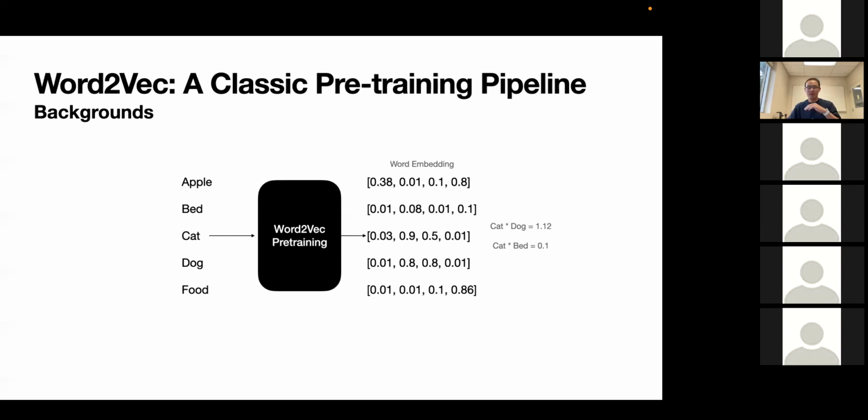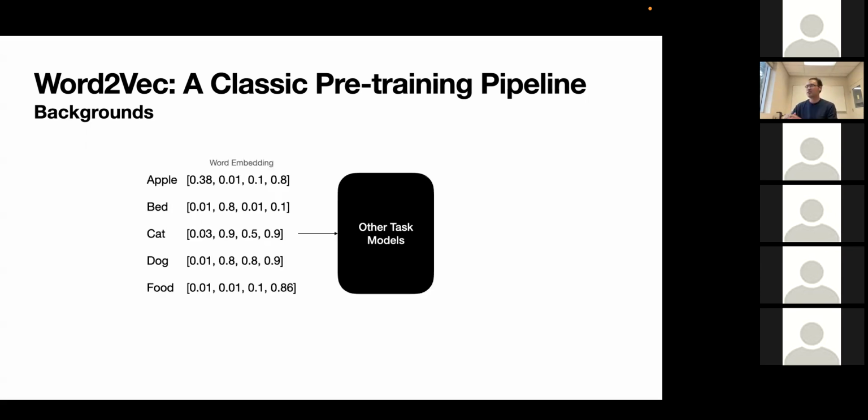We can see those vectors as features of each word. For example, apple has one vector, and this vector can represent some meanings of apple. After we get those features, we can use them in other task models. Like if we want to do classification, we just input those features into the other model and get the final result.